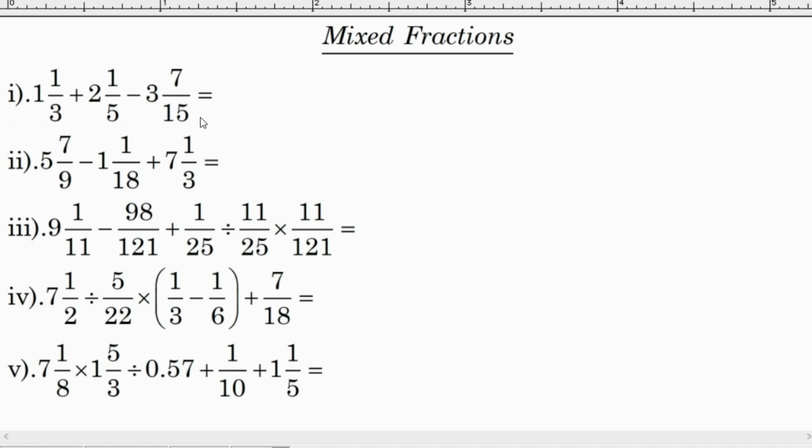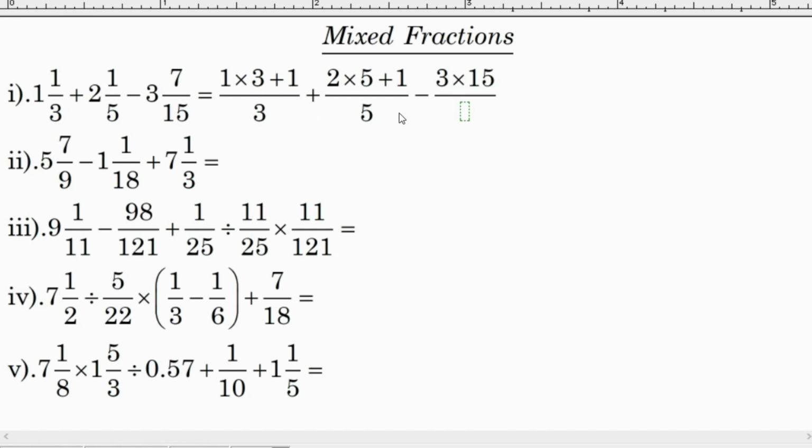Here it can be written as 1 multiplied by 3 and then plus 1, divided by 3, plus 2 multiplied by 5 and then plus 1, divided by 5, minus 3 multiplied by 15 and then plus 7, divided by 15.